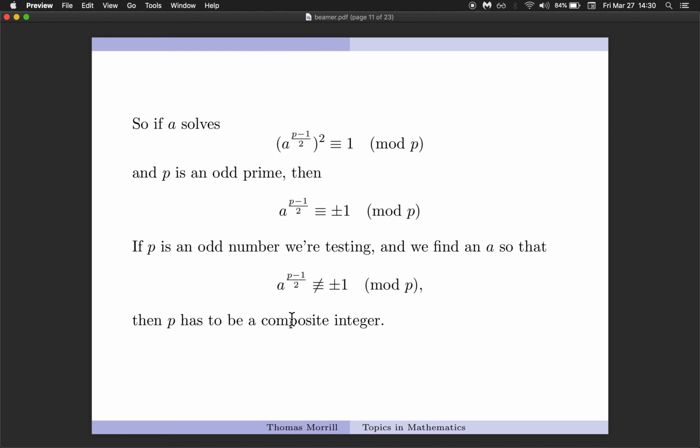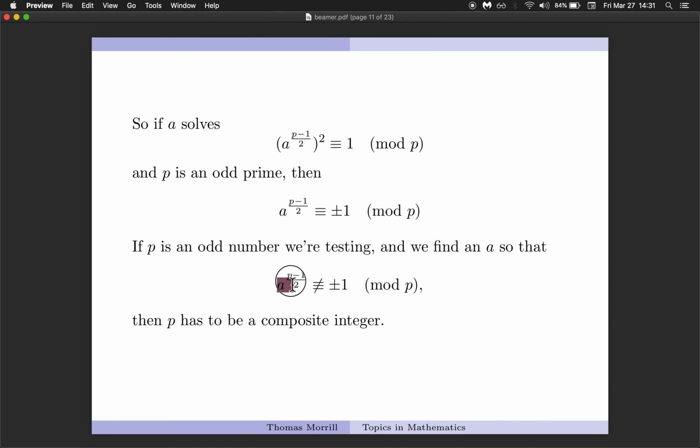So think about this. Yesterday we were looking at the Carmichael numbers. We said that any residue a, relatively prime to the Carmichael number, to the power p minus 1 will always give me 1. We showed that for the number 561. It could be that a to the power p take 1 on 2, so that would be a to the 280, is something besides plus or minus 1.